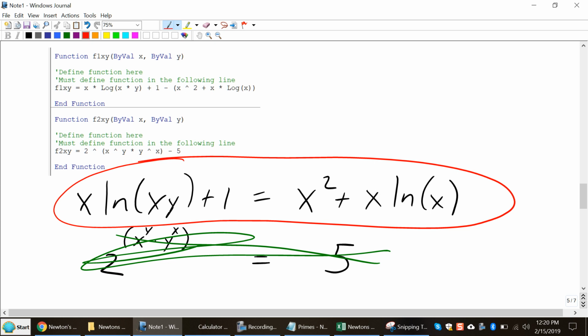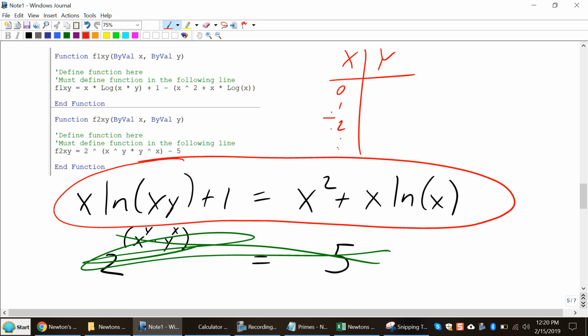And it turns out to graph something like that, you actually have to solve the equation each time. So even to graph this, you have to use Newton's method. It's actually not that hard to do. What you do is you just create a table of x and y. You say, all right, 0, 0.1, 0.2, dot, dot, dot.